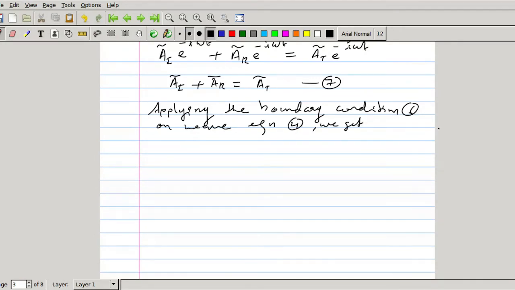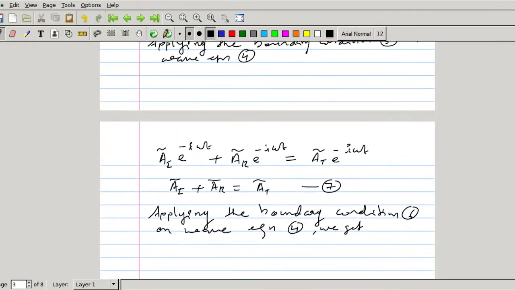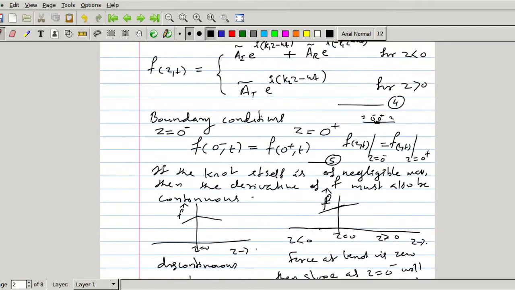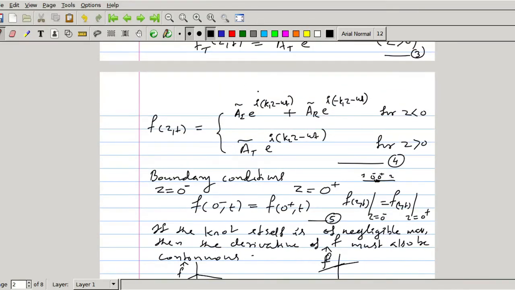We get that the derivative with respect to z at z equal to 0 minus should be the same as the derivative with respect to z at 0 plus. The derivative of A_i e raised to I(k1 z minus omega t) with respect to z is the same term multiplied by I k1.